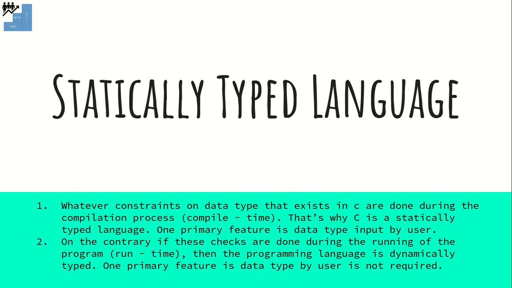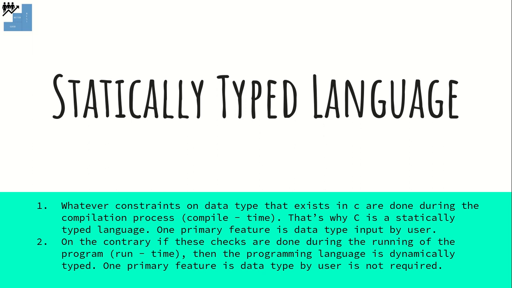And when these type rules are checked during the running of the program, then it is called a dynamically typed language. In statically typed language, for example C, the data types of the variables have to be provided in the source code. That's how during the compilation the compiler will be able to check the type conformities.